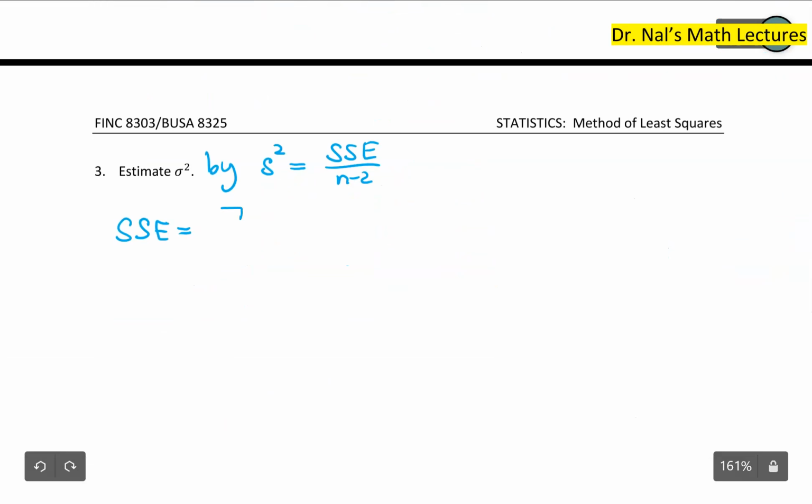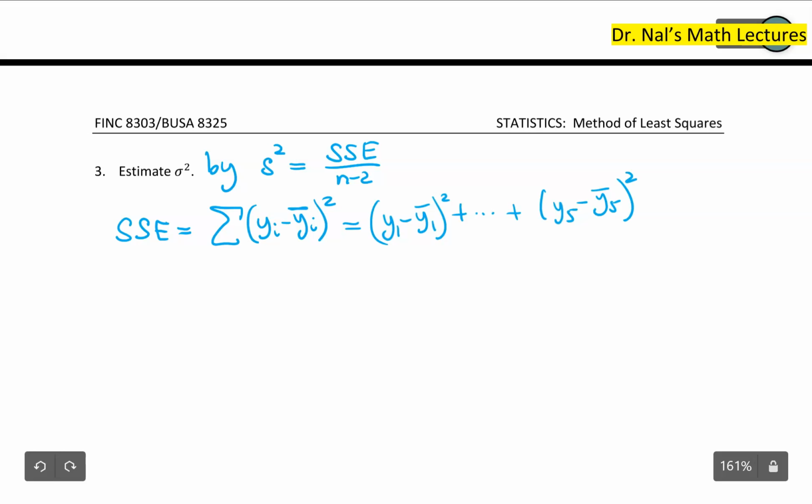It's the sum of yi minus yi hat, squared. In this case, the hat is the sample mean. Let me write it in long form: y1 minus y bar squared plus all the way up to y5. We have 5 observations in our example.